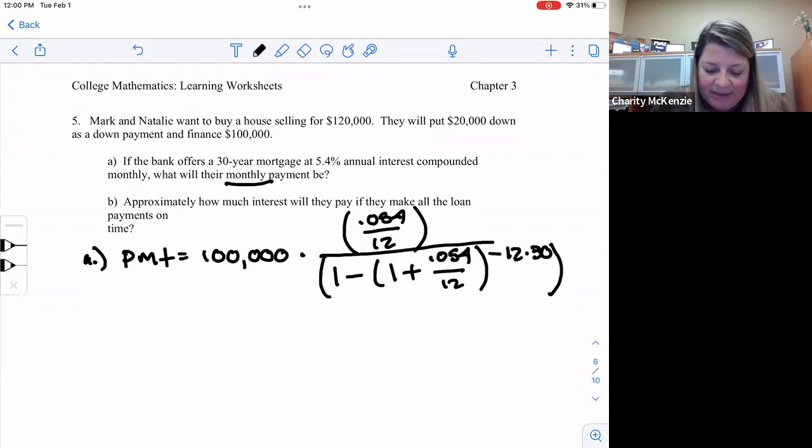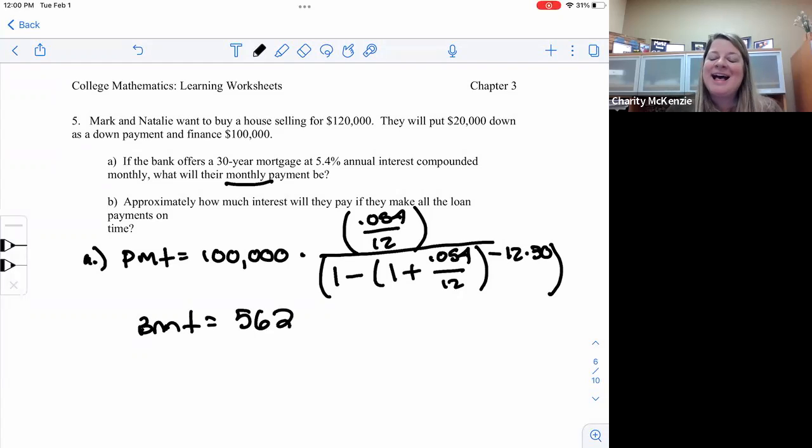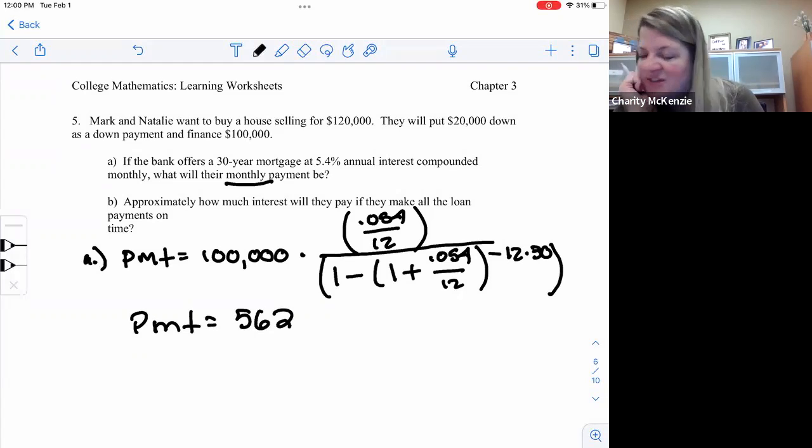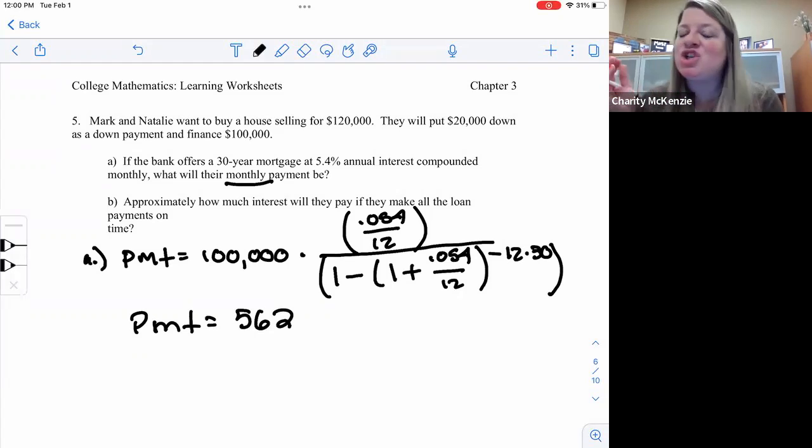$561. Okay, so payment. Typically, they might round this to the nearest dollar, because otherwise you won't quite get to the right amount. On the calculator it's 561.53, and it might make you do 54 cents to actually get to your goal. You have to round up.